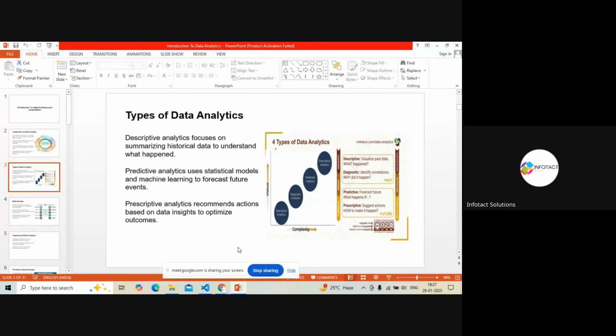Techniques like cutting plane method and branch and bound are used for integer optimization. Then the fourth one is dynamic optimization. We use it for multi-stage decision problems where choices affect the future state, like inventory management systems. Then stochastic optimization, which I have discussed with you.